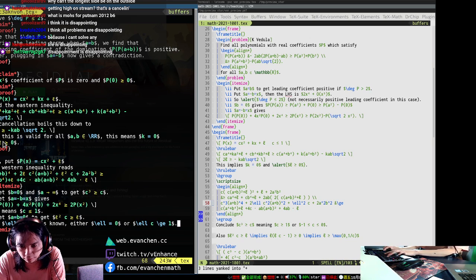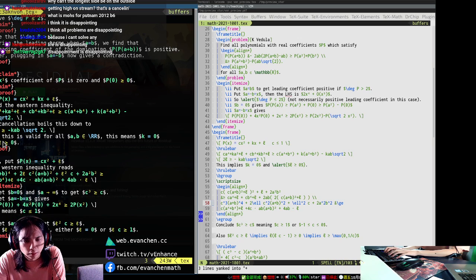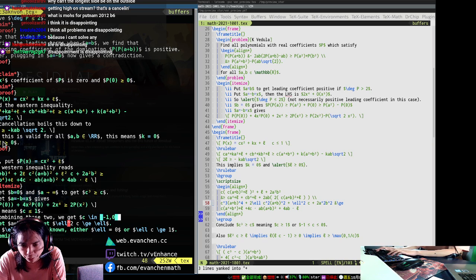C at least 1. So C is in minus 1, 0, union 1.